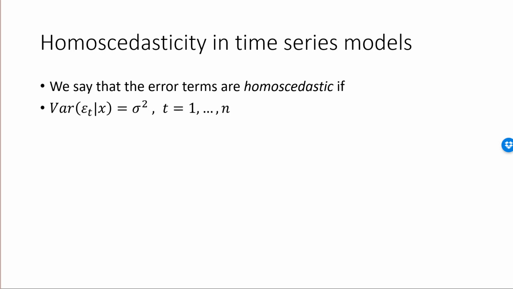Well, we'll see that something very similar will happen with time series data. So if this conditional variance depends on any of the x variables, and it's actually okay even if it depends on the x variables in the previous period, even then we say that the error terms are heteroscedastic.